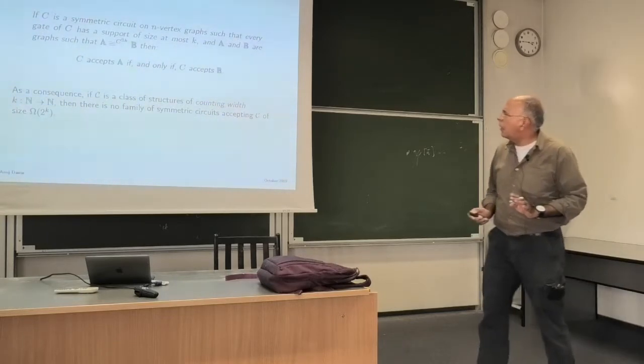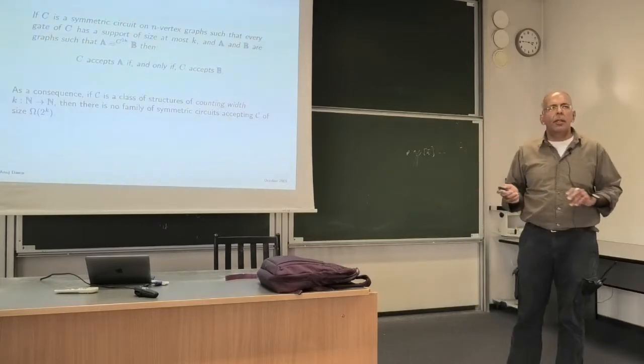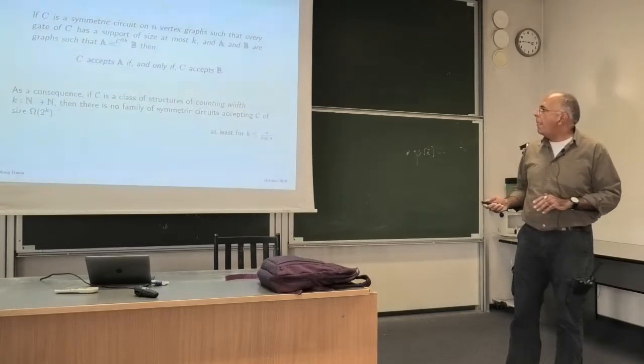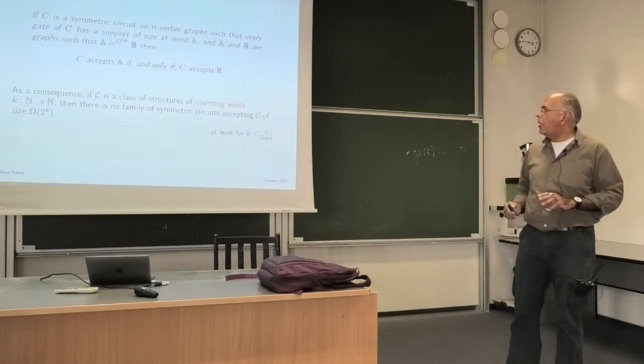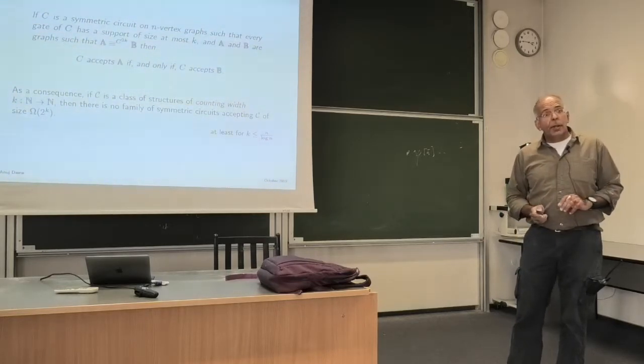Sorry, that should be n to the k, surely. N to the k, yes, sorry. Okay. And a little proviso here which falls out of the proof, but I'll stop here.